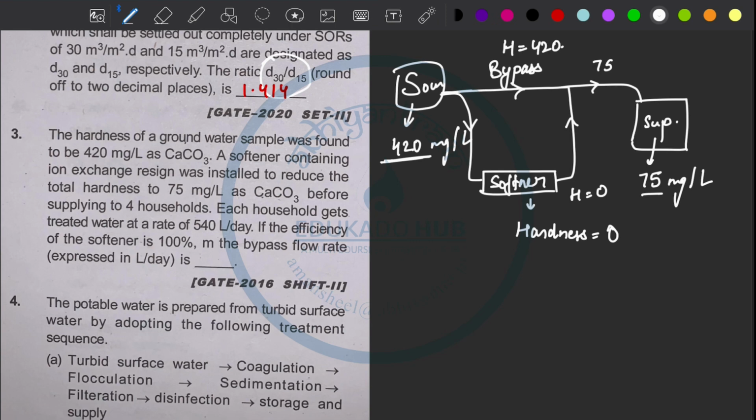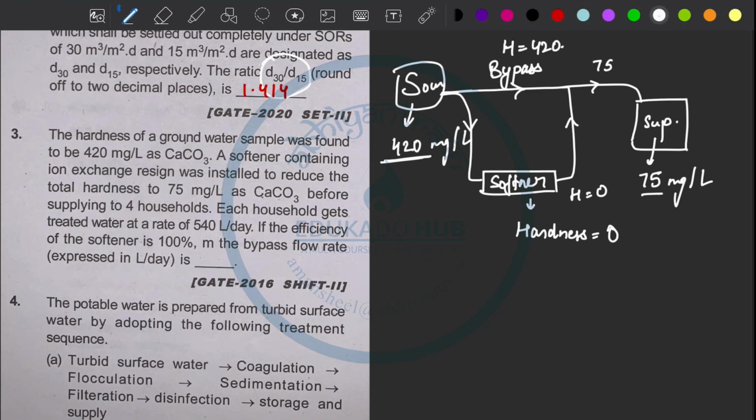If we know the volume, we can know the flow rate, the discharge, also, right? First of all, each household gets treated water of 540 liter per day, and there are 4 households.